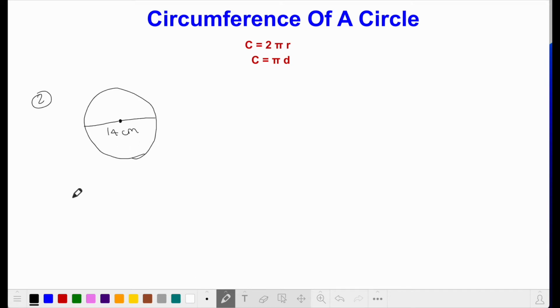In this problem, we are given a circle with the diameter value of 14 centimeters. So in order to find the circumference of this circle, we can use the second formula, which is c is equal to pi d. So let's start solving with that formula. Pi d, and the pi value is either 22 by 7 or 3.142.